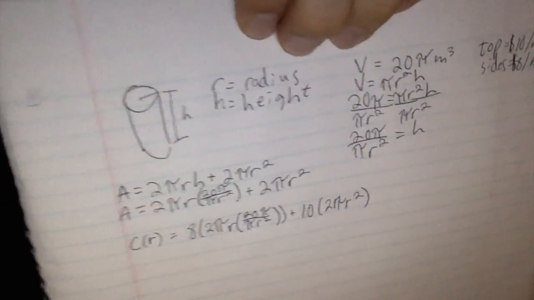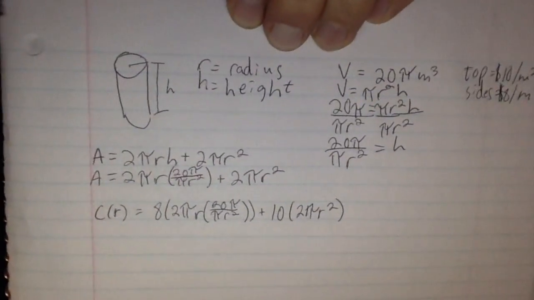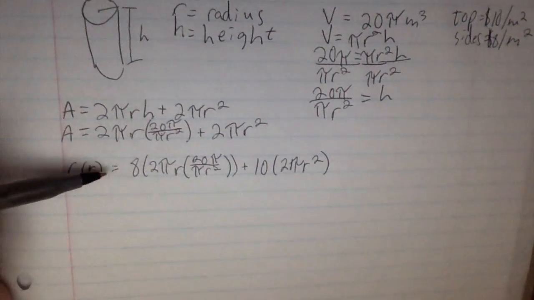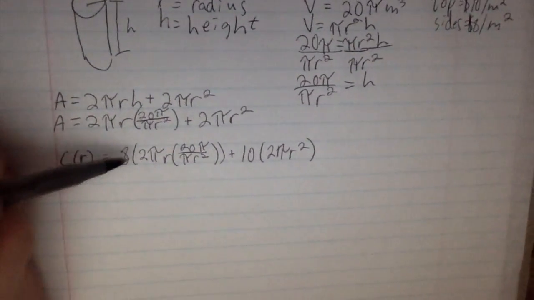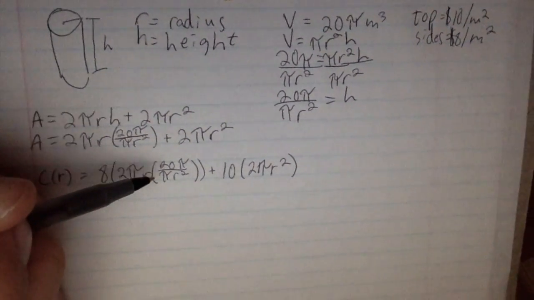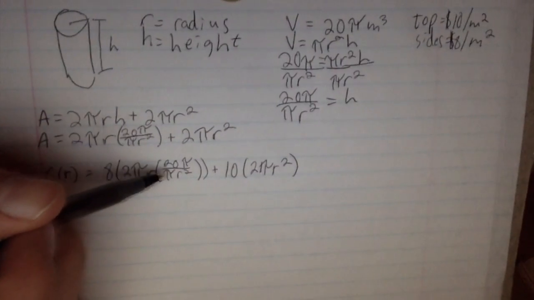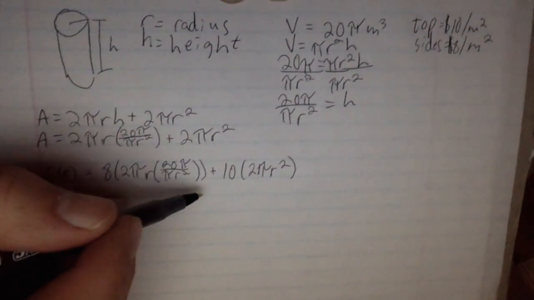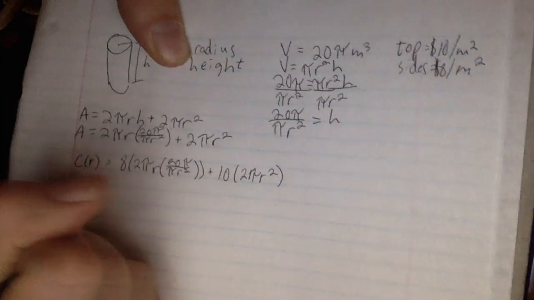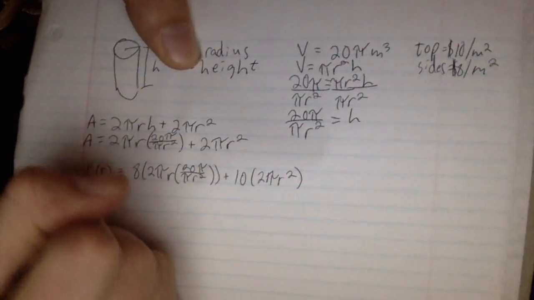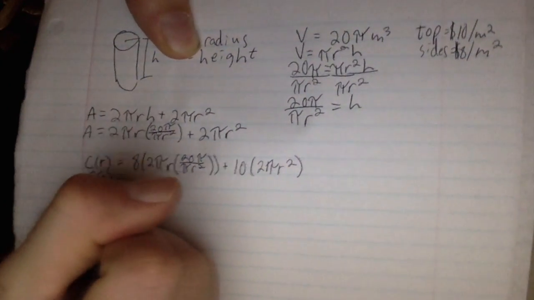So it comes out to look like this. Cost of r equals 8 times 2 pi r times 20 pi over pi r squared plus 10 times 2 pi r squared, and then we're going to simplify that.